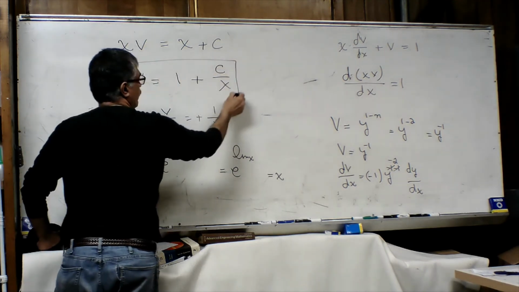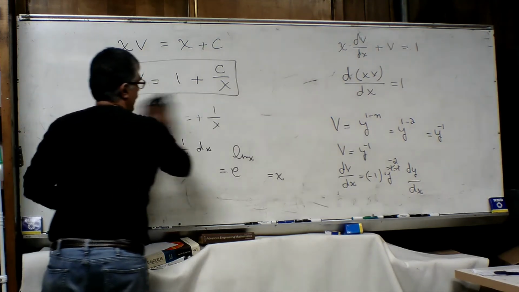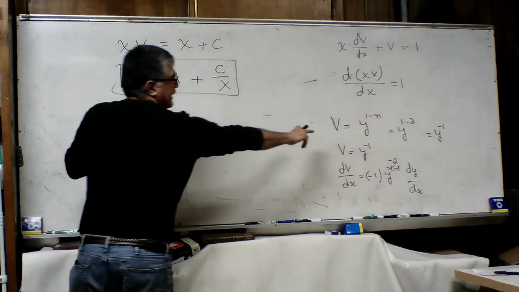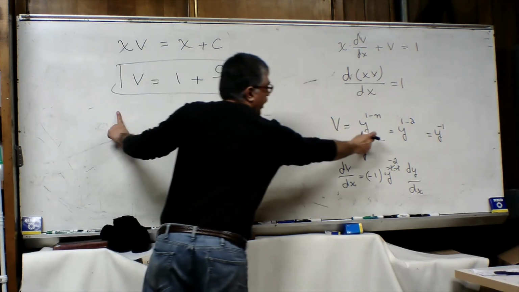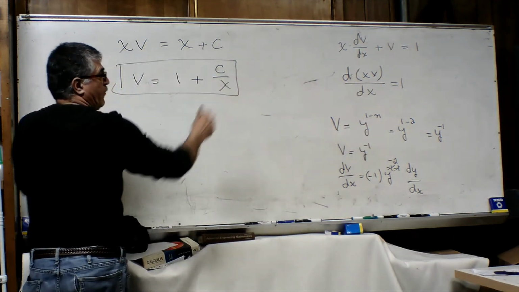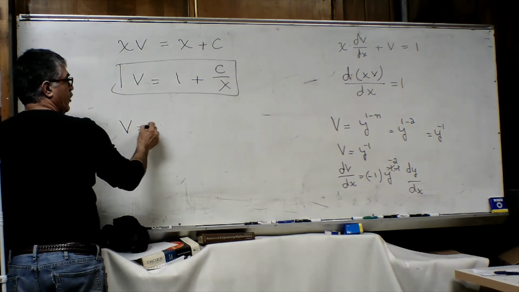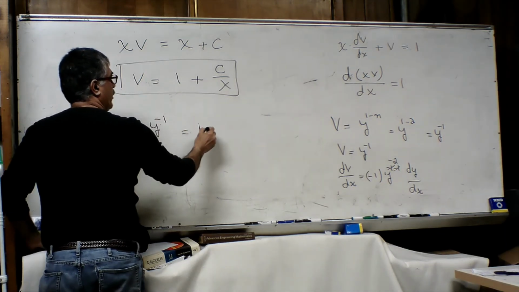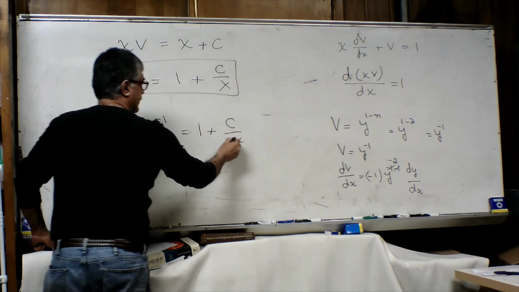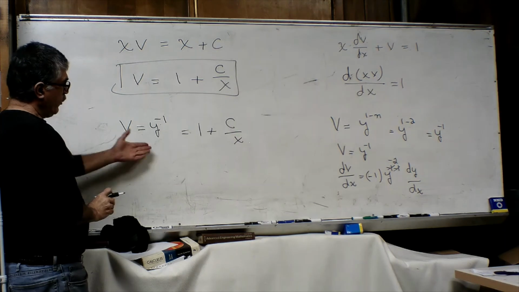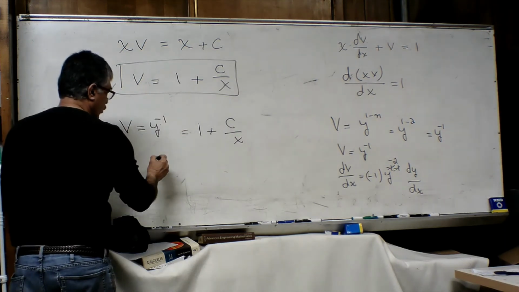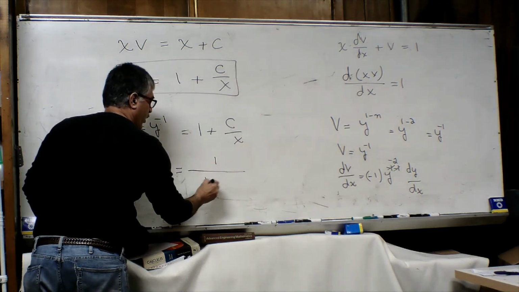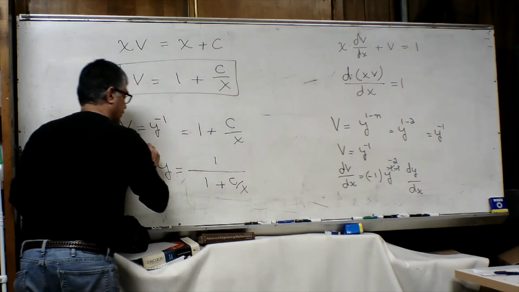So this is our value for v. Now, we assume that v is equal to y to power 1 minus n, or y to power minus 1. So this is equal to 1 plus c over x. So if y to power minus 1 is that, y will be equal to 1 divided by 1 plus c over x.